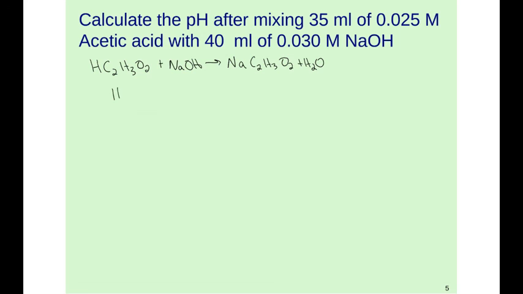So in this case, our acetic acid, there's no spectator ions there. That does not completely dissociate, so we're going to have some of that left over. Sodium is a spectator ion, so we'll have just our hydroxide, and then on the other side we have acetate. And we have water. So that would be our net ionic equation.